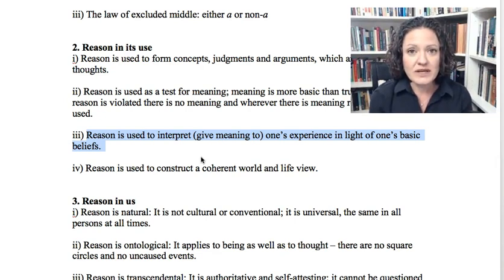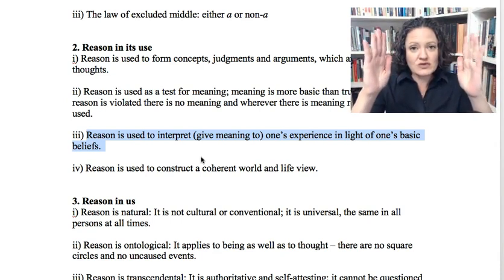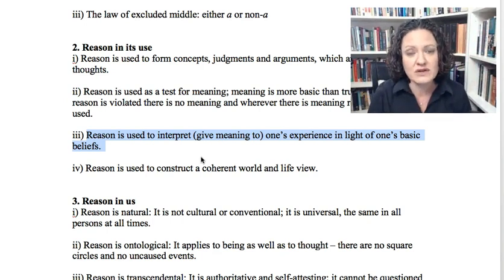In class, I draw a picture of a house, and at the foundation level is your basic belief, and then the house is structured on that foundation, and this house is your world and life view. And then I draw a picture of you in the window of the house looking out, but experiences are coming in through that window, and you have to make sense of them. And you make sense of them in light of your basic beliefs.